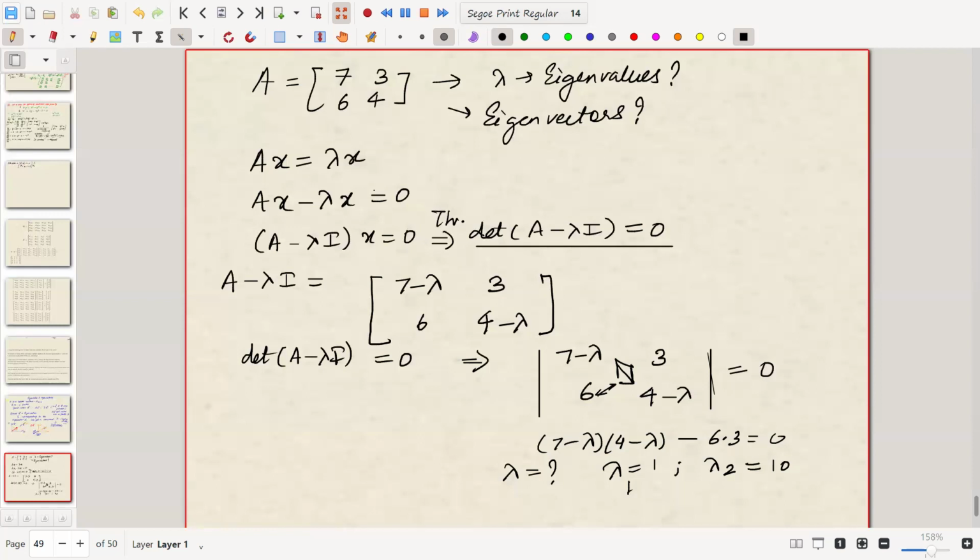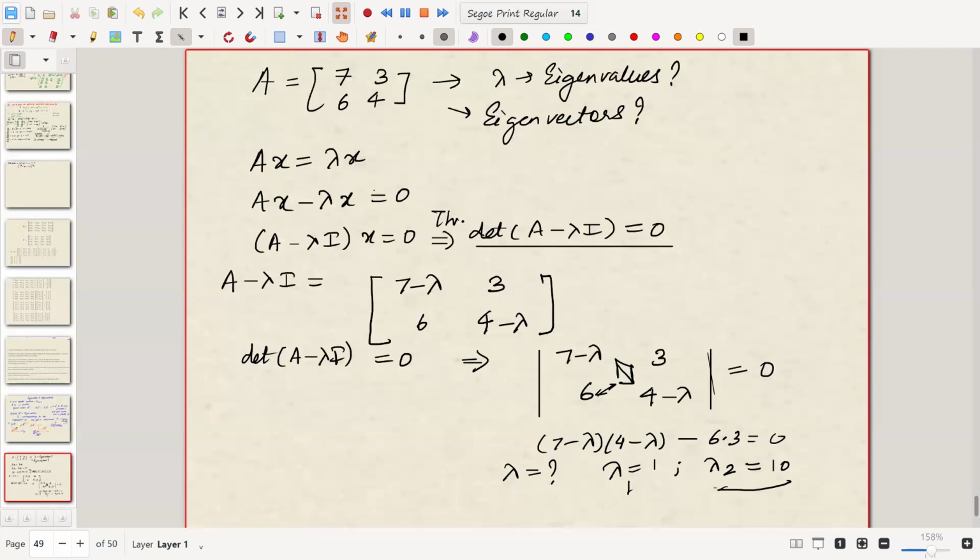Now, which one is the greatest one? Out of lambda 1 equals 1 and lambda 2 equals 10, which one is the greatest eigenvalue? Yes, that has more value.